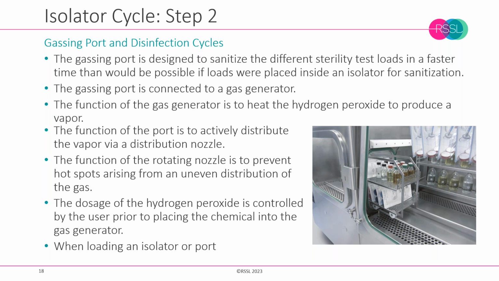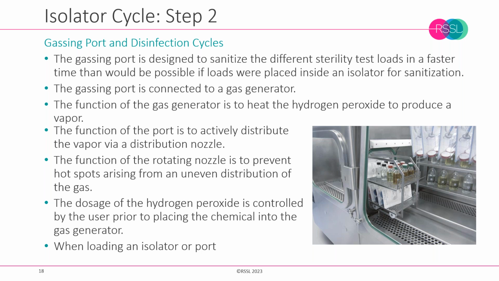So in this particular case, we're looking at this mini isolator, or this gassing port. So it's a chamber connected to the isolator via interlocking doors. And so it can be loaded in itself without compromising the integrity of the isolators, and then also items can be passed through into the isolator once they've been decontaminated, again without breaking the barrier.